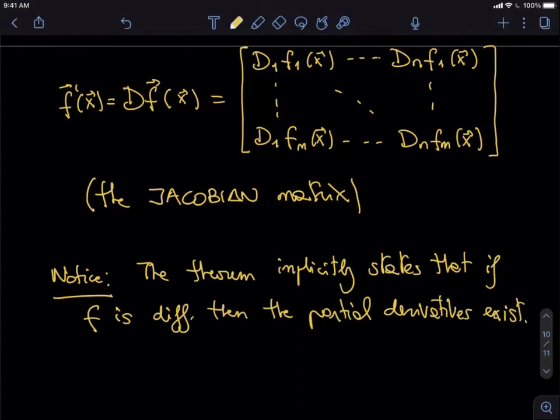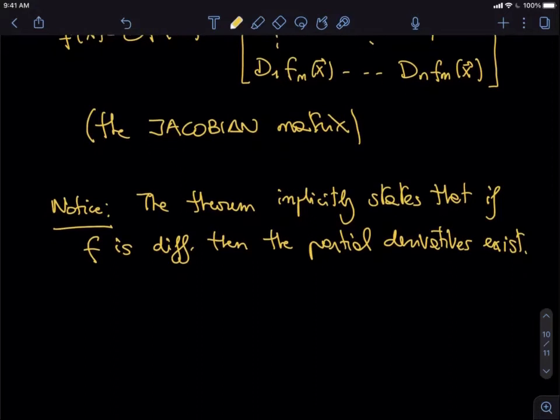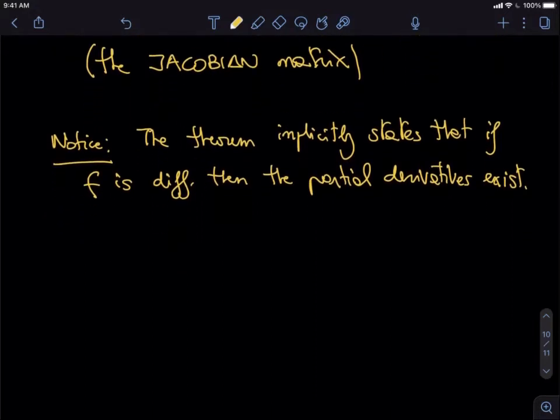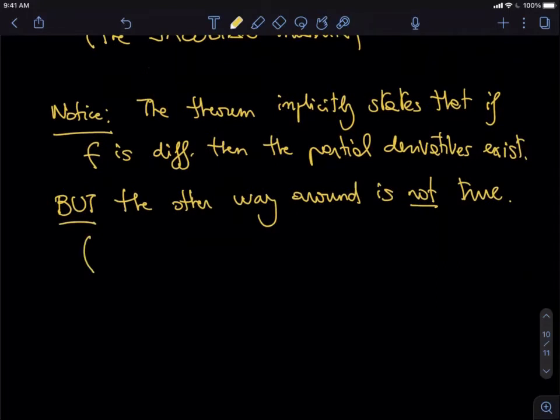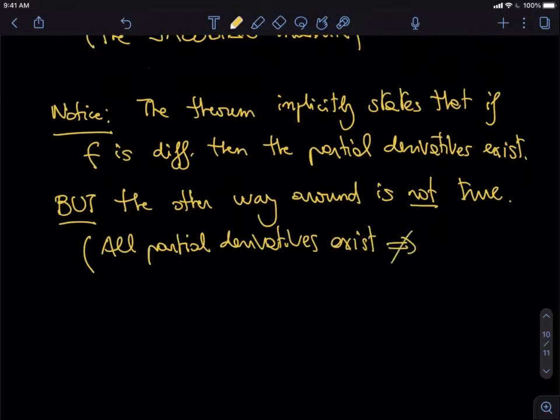Okay, this is very important because sometimes we tend to think the other way around, but the other way around is not true. Okay, what I mean by this is all partial derivatives exist does not imply f differentiable.